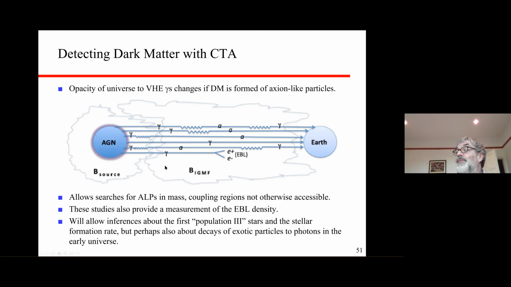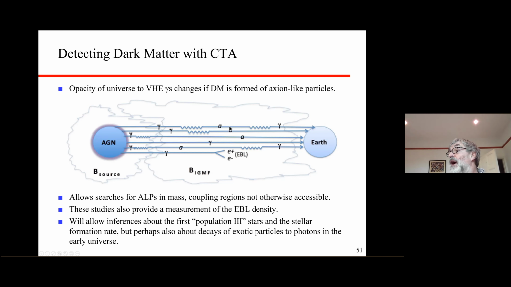Now, if in addition to the standard physics we understand, there were these axions which were responsible for dark matter, then what happens there is that interactions with the axions, with the magnetic fields in the galaxy, convert photons into axions. So here's a photon, it has an interaction with the intergalactic magnetic field, turns into an axion.